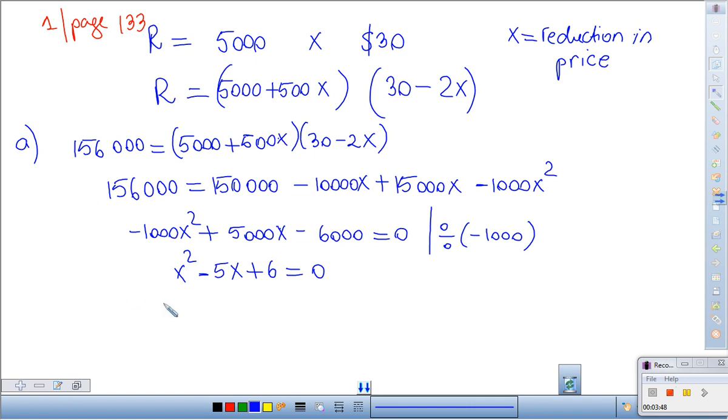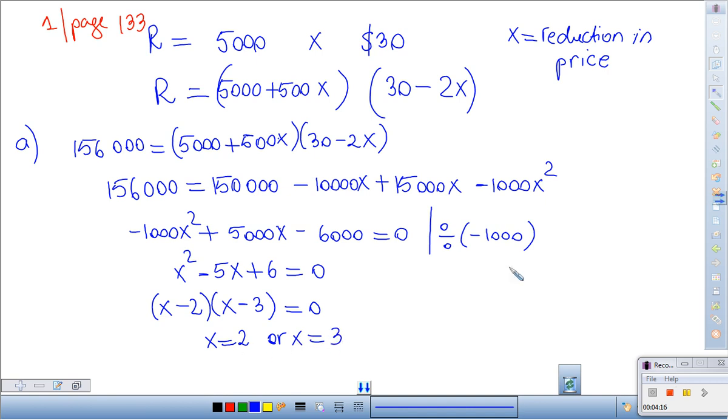So we can factor this equation. X minus 2, x minus 3 equals 0, which means that x can be 2 or x can be 3.